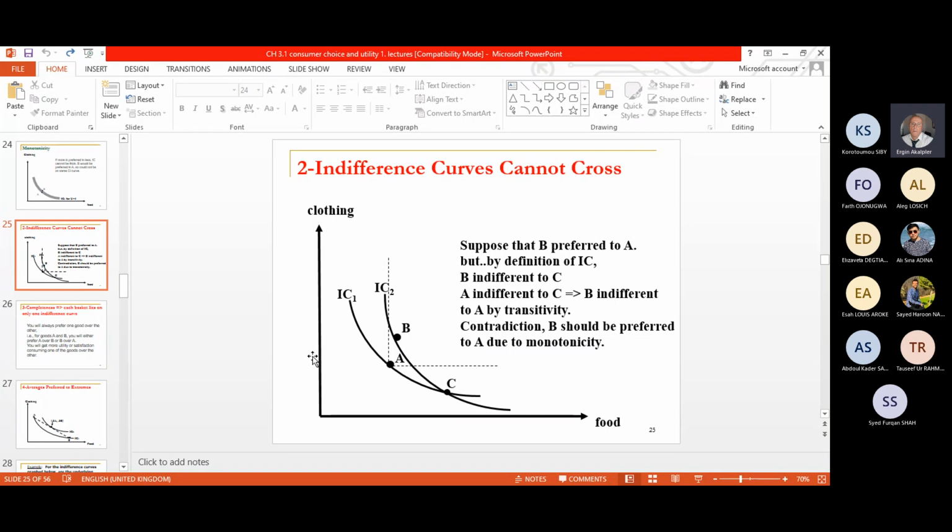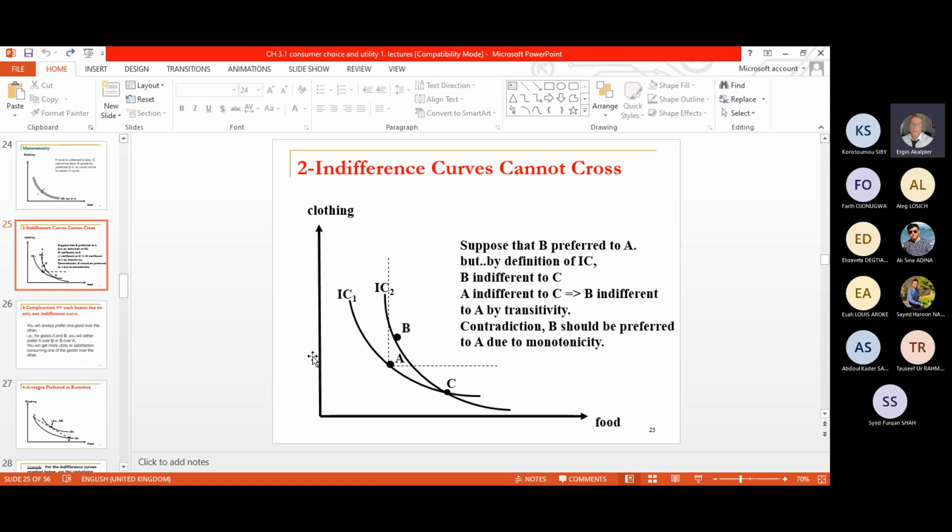Therefore, each indifference curve must be better off compared to the other. If indifference curve 1 is less than indifference curve 2, it should be the same for all points on the line. Similarly, we expect that C must be better off than A, but here it says C and A are the same because they are on the same line, and C and B are the same because the indifference curve says that on the same indifference curve line you have the same utility, isn't it?